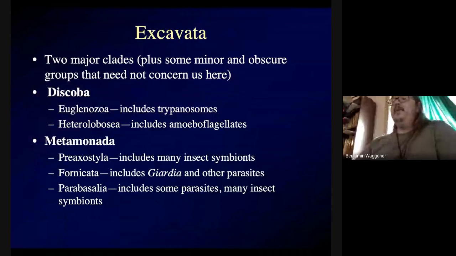Okay, the second group, Metamonada, includes a lot of insect symbionts. I might actually do this as a demonstration for you guys. Termites are noted for having lots of protist symbionts in their guts.